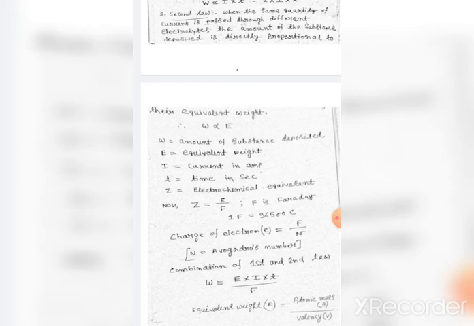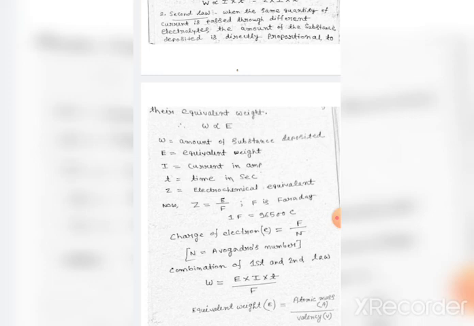Then the second law says that when the same quantity of current is passed, so if Q is fixed and two different electrolytes are there, then the product formed at the cathode or anode is proportional to the equivalent weight of the substance.